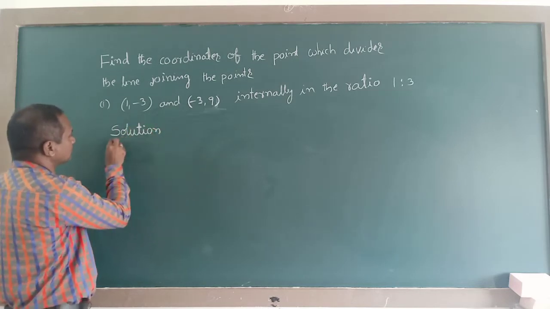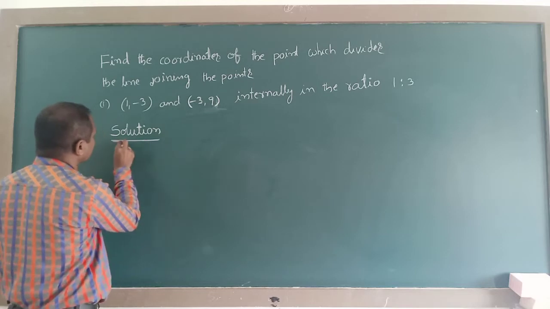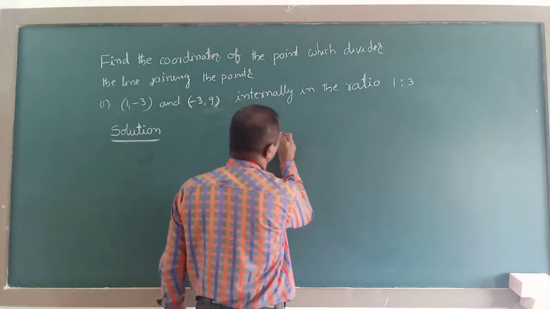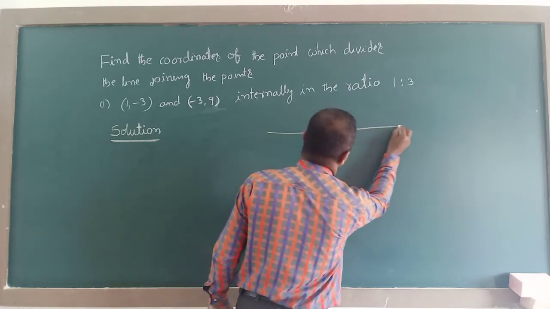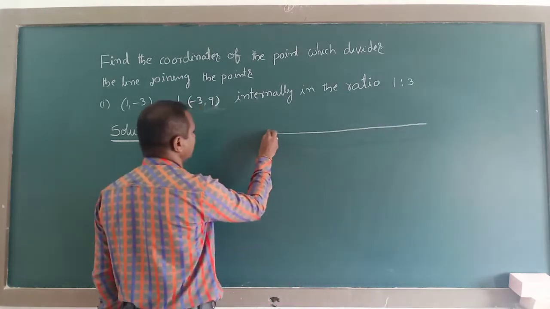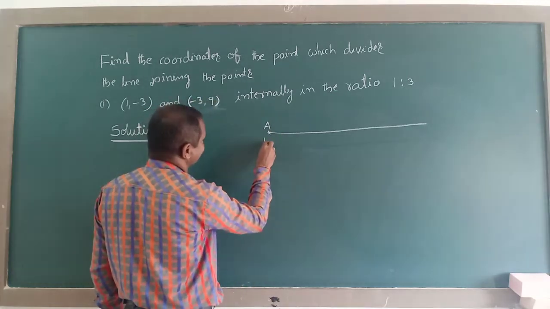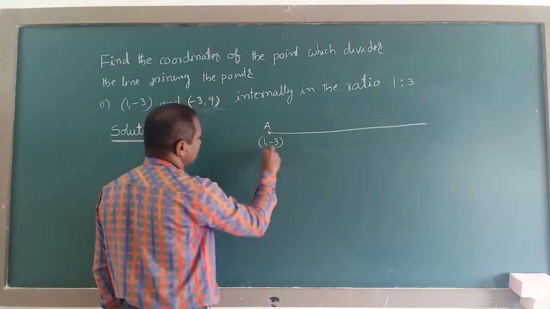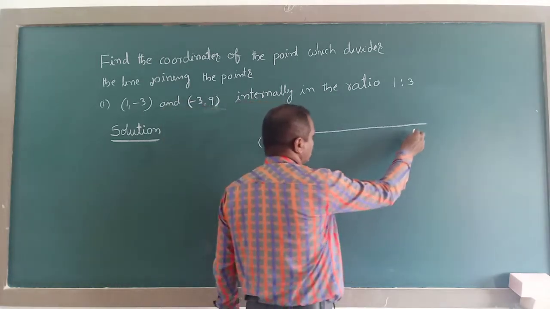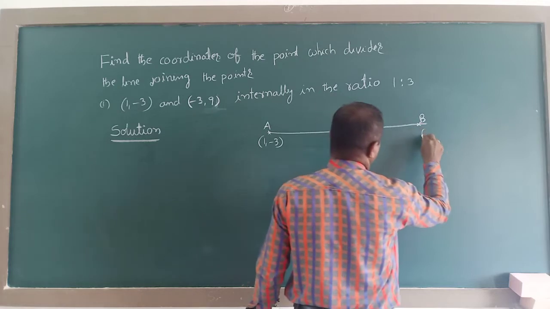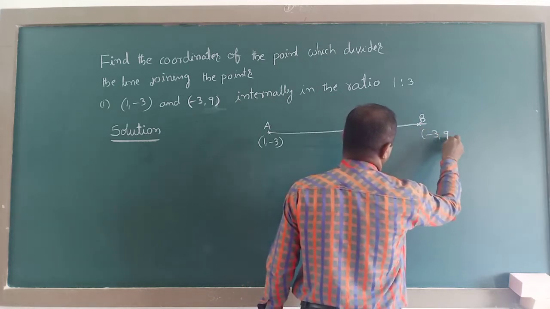Solution. A line segment joining 2 points is a straight line. Coordinates of A we consider as 1 comma minus 3, and coordinates of the point B are minus 3 comma 9.